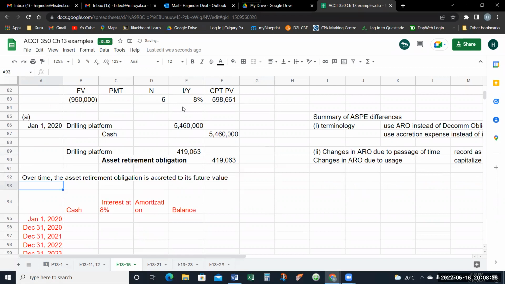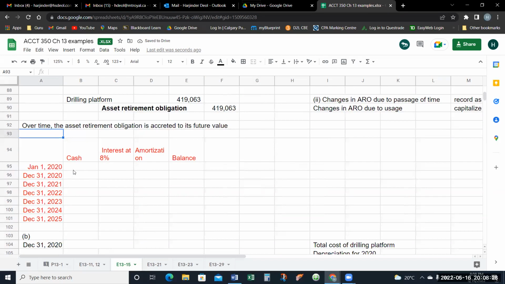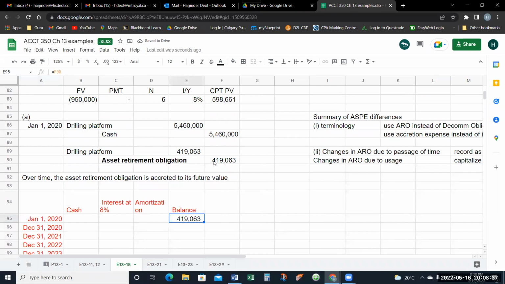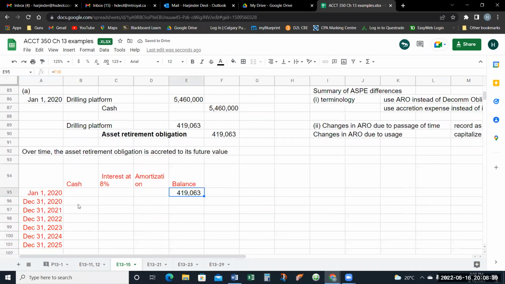Over time, this decommissioning, the asset retirement obligation in this case, will be accreted to its future value. Now, we learned how to prepare an amortization schedule. So we started with the balance of 419,063. There's no cash paid in any of the years. So every year, the asset retirement obligation is accreted at 8%, right? So under IFRS, we use the term interest.